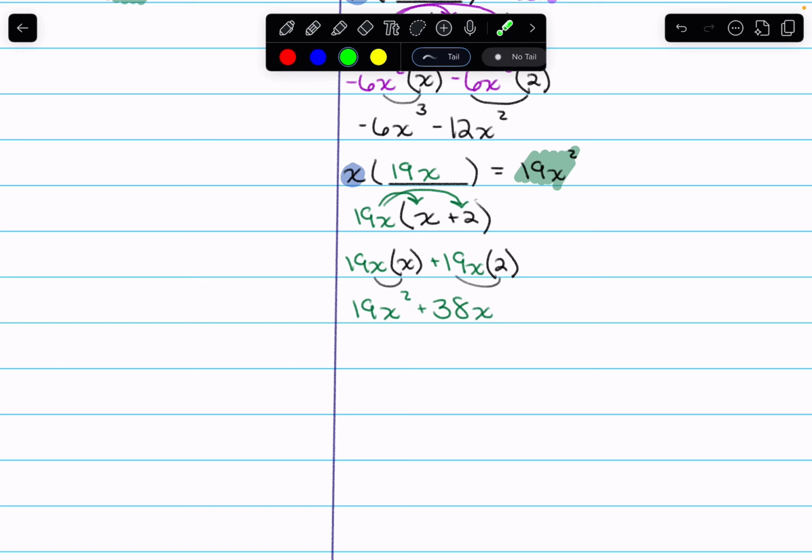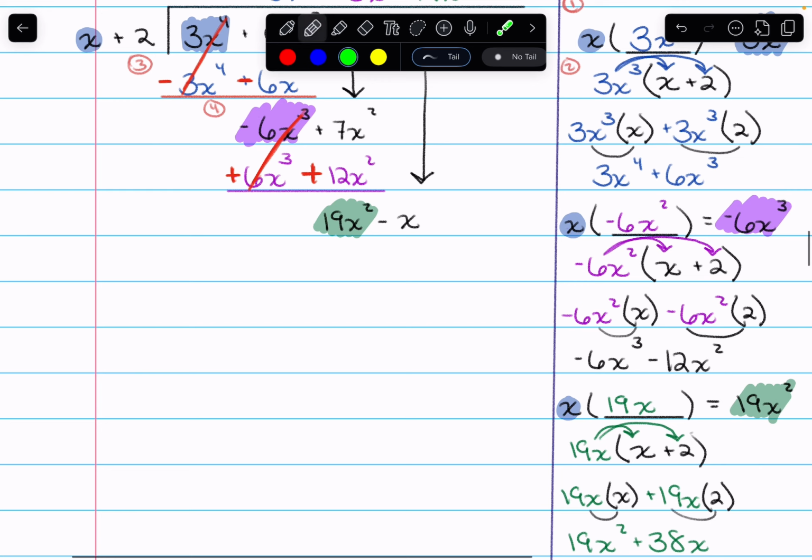So I'm going to take my answer to step 2 now, and I'm going to put it underneath my dividend. So this becomes a 19x squared plus 38x. Change my signs. Positive becomes a negative, positive becomes a negative. That's the end of step 3.